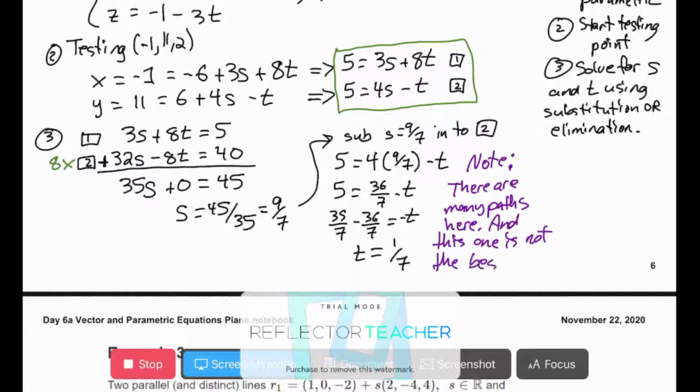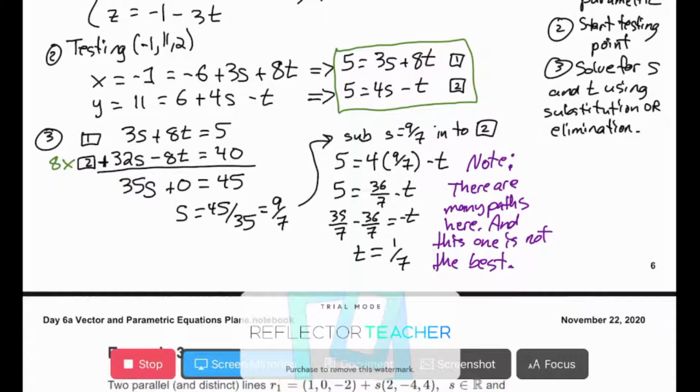All that means is there are different ways of solving this linear system. And so instead of elimination, maybe we should have used substitution. Maybe we should have chosen a different equation to use. There are multiple ways of solving linear systems. And this is not what we're focusing on right now, but just to remind you that we also could have just graphed these two linear equations and looked for a point of intersection.